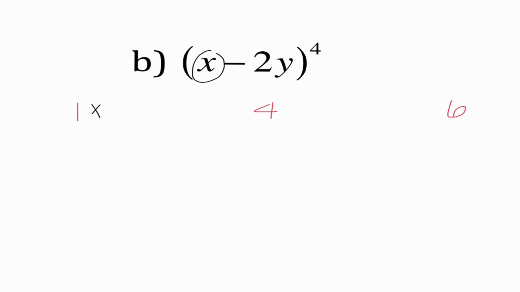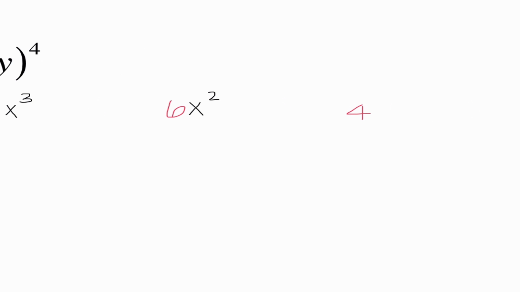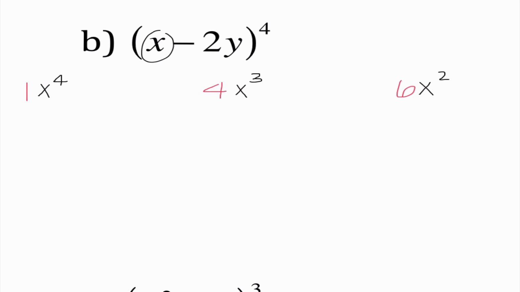So I have x to the 4th, x cubed, x squared, x to the 1st, and x to the 0. Okay, so our first term, we start at the highest degree, which is n, and we decrease. Our second term here, -2y. We start with the 0, and we increase each time.